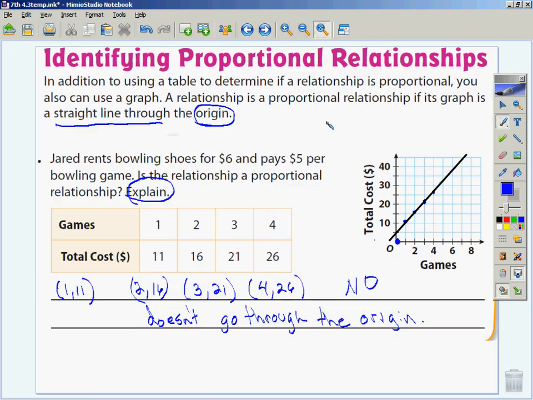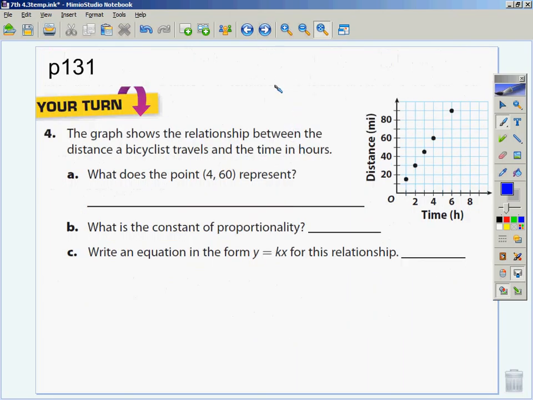Am I good now? Okay. This is on page 131. Yep.